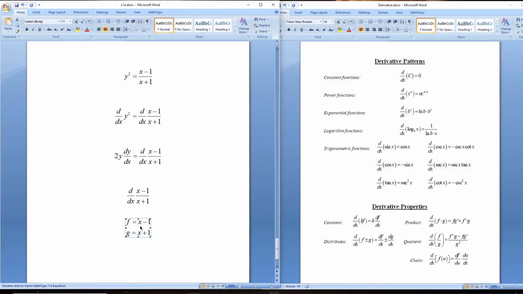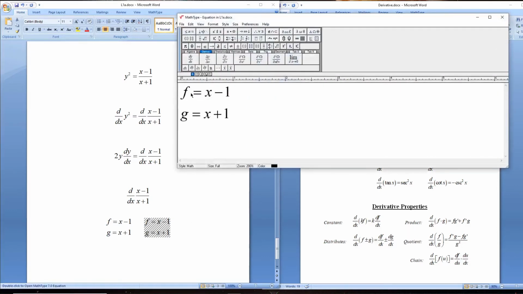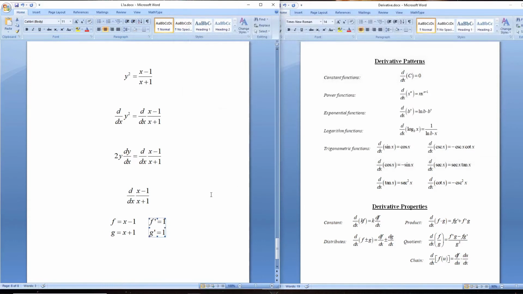And then once we explicitly define that, we'll take those derivatives with respect to x. So the derivative of x is 1, and the derivative of minus 1 is 0. And then for the derivative of g, the derivative of x is 1, and the derivative of plus 1 is 0. So that's all simple enough.